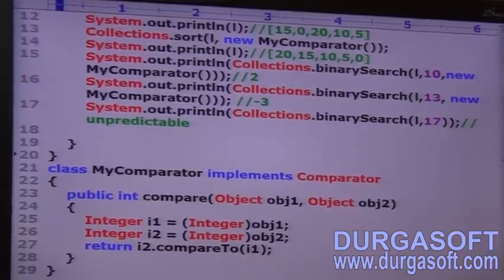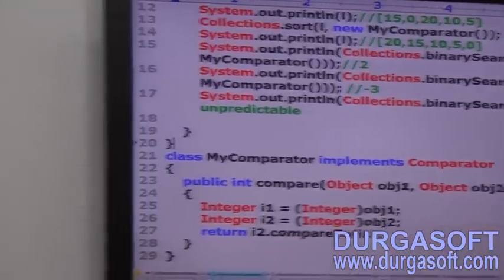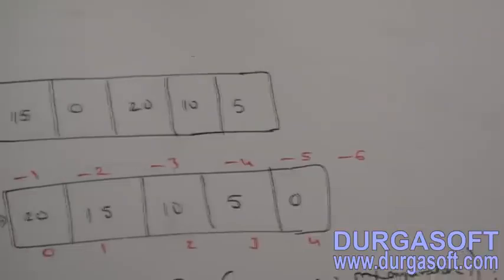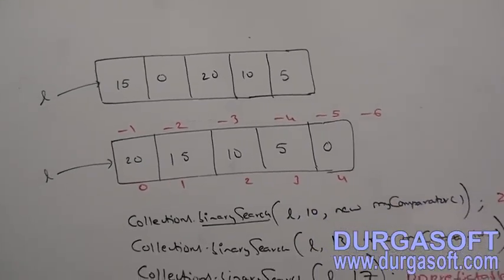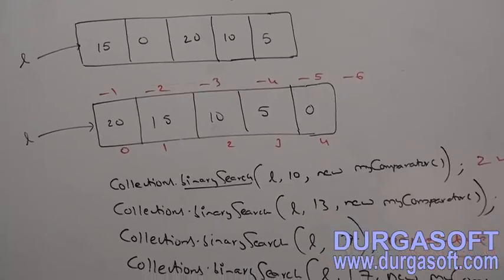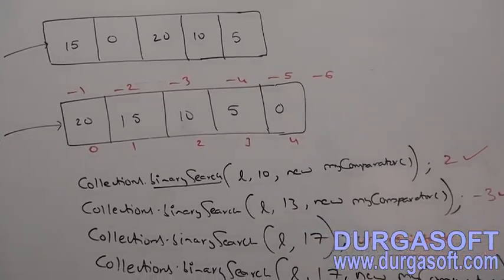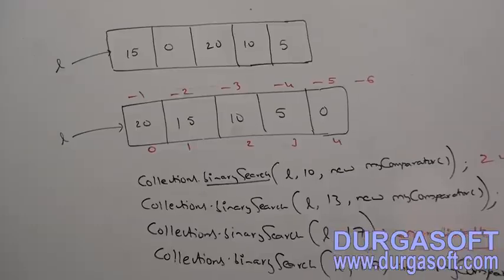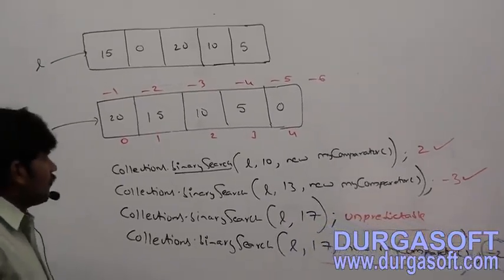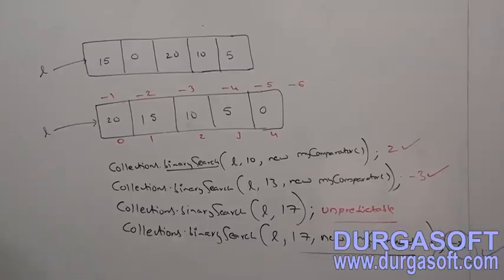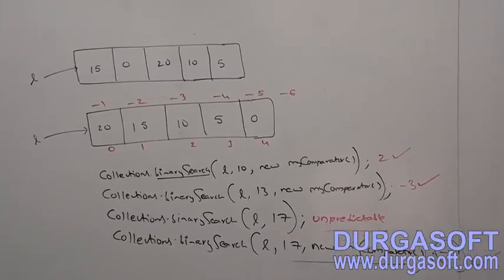After taking this program, now take this total thing: 15, 0, 20, 10, 5, with results minus 1, minus 2, minus 3.